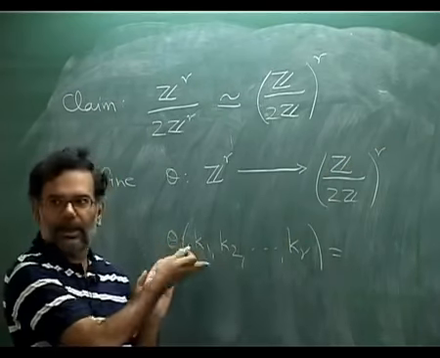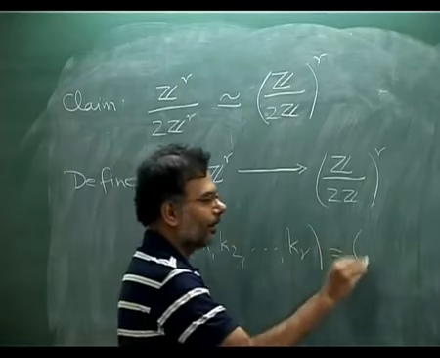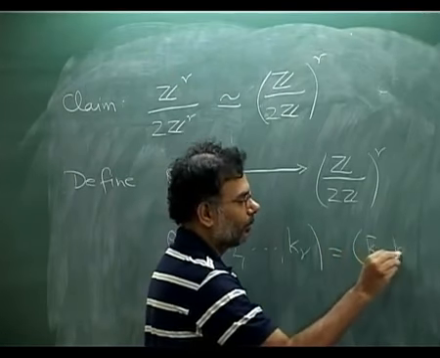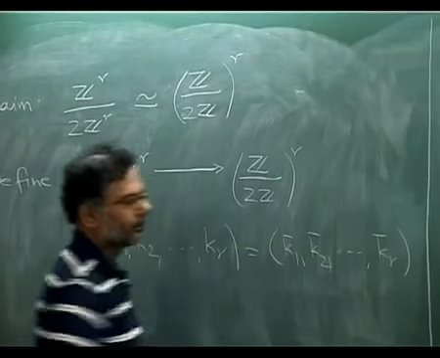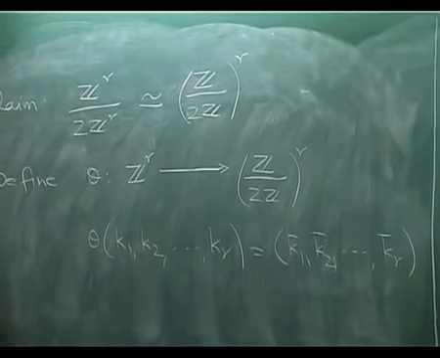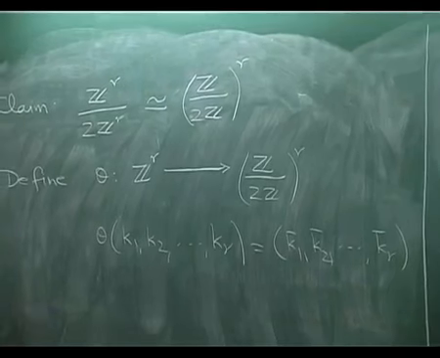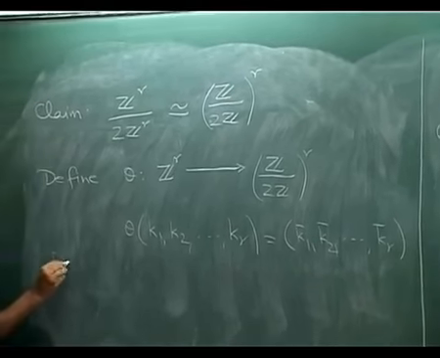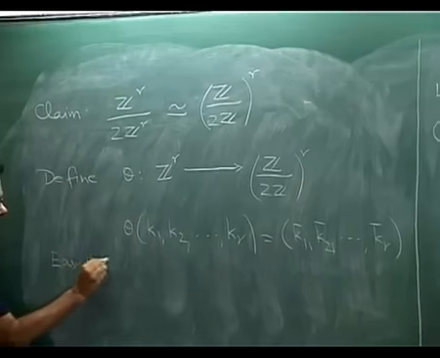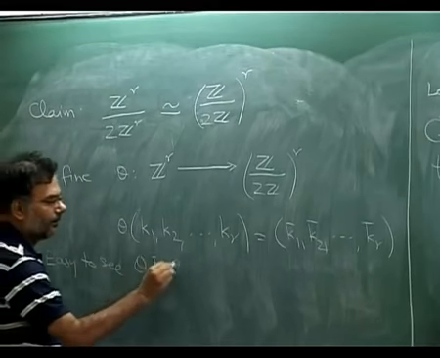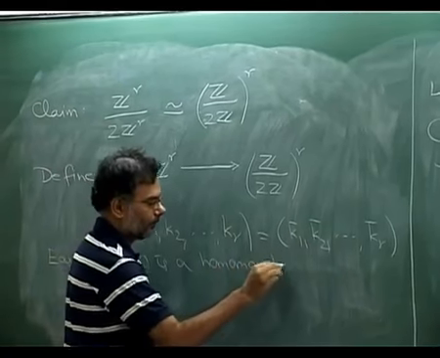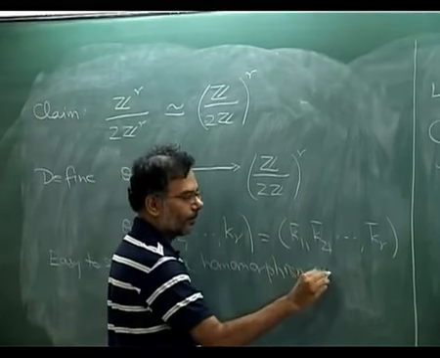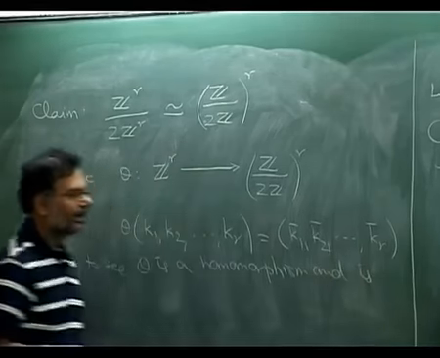The obvious thing is to take bars of each one of these: k1 bar, k2 bar, kr bar. That is theta, and it's clear that theta is a homomorphism, easy to see. And it is surjective.